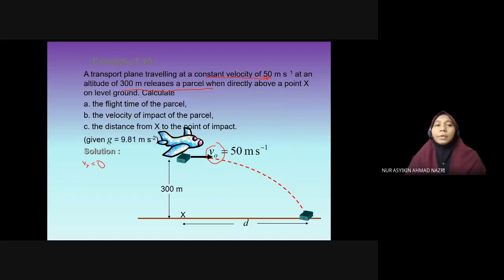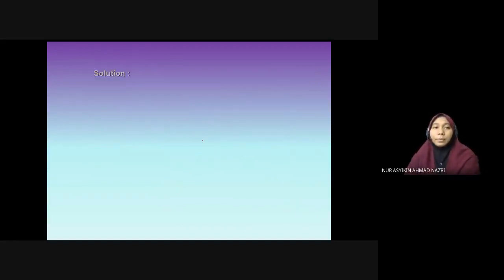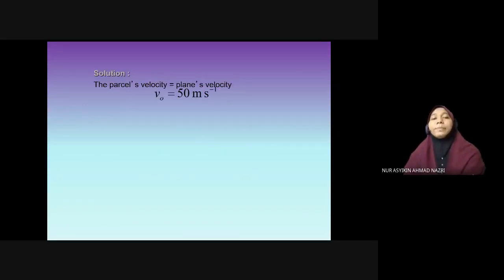Okay, so calculate flight time of the parcel. Flight time of the parcel from here to here. Okay. So parcel velocity, plane velocity 50 meter per second V naught dia kan? Okay, so V naught dia memang dah V naught X lah, sebab tak ada angle.